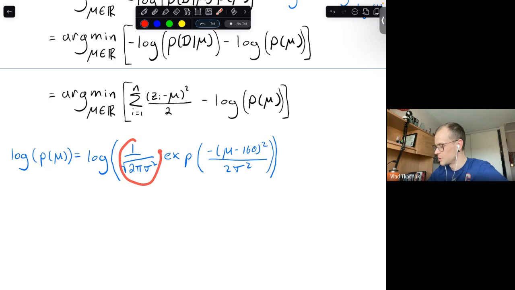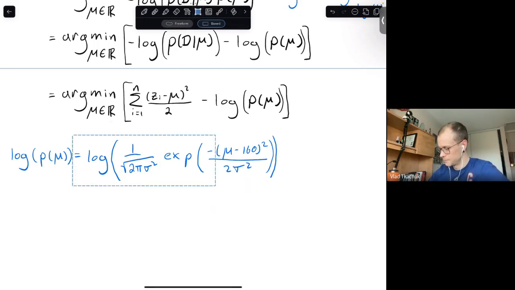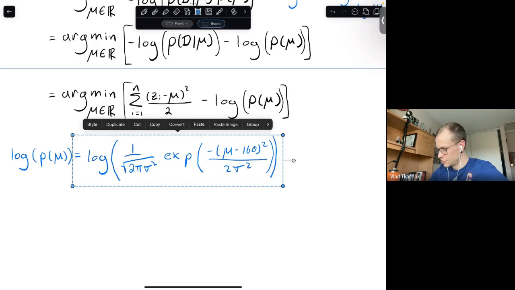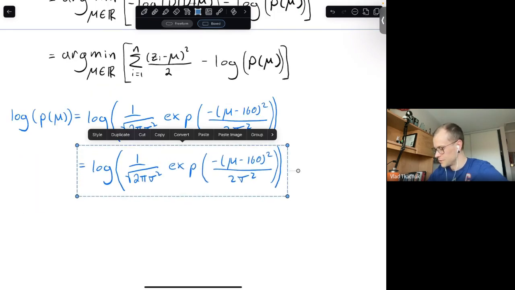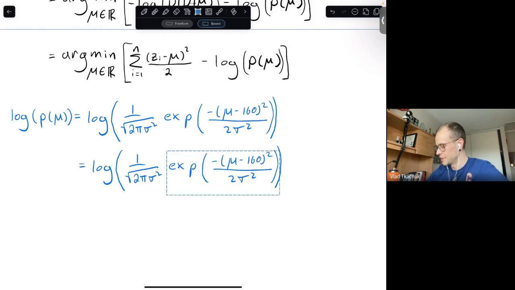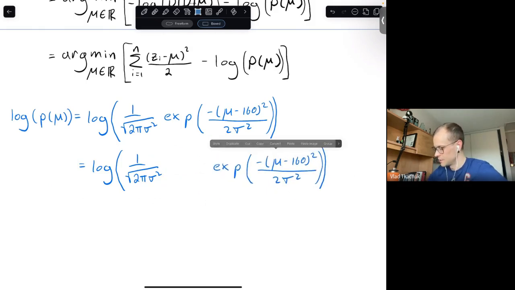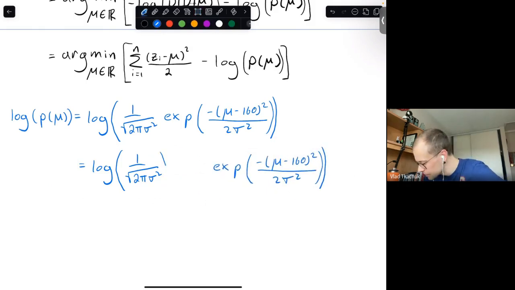Like, first of all, there's two things multiplied together, which the log will allow us to write as a plus between these two things. Okay, so let's do that. And I just do want to emphasize that you can do this for all sorts of different distributions, and this procedure is very standard or similar. So it's good to get familiar with these steps.